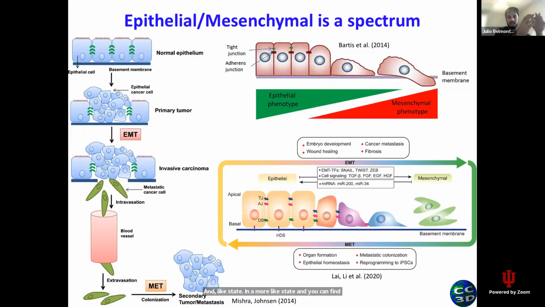And they can be in different points of the spectrum by having different characteristics on and off. So a cell that's right here in the middle can be very different from another cell that also sits in the middle, because their mesenchymal-like properties can be different from those of the other cell, okay?